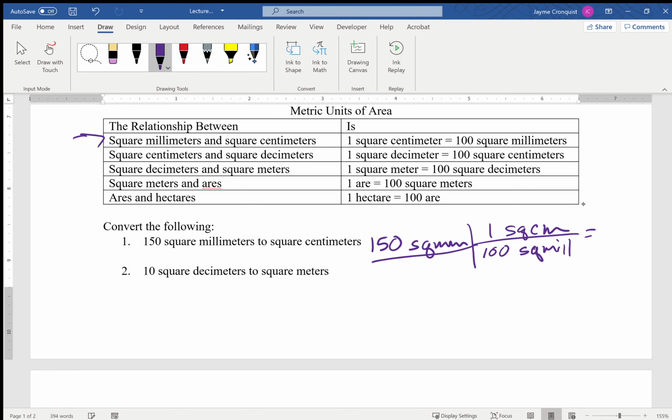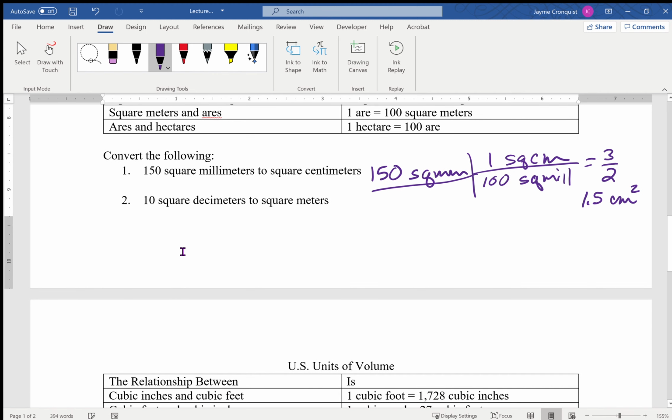That simplifies down to 3 over 2, which is, what 3 halves is, 1.5 square centimeters. All right, for number 10, 10 square decimeters to square meters.